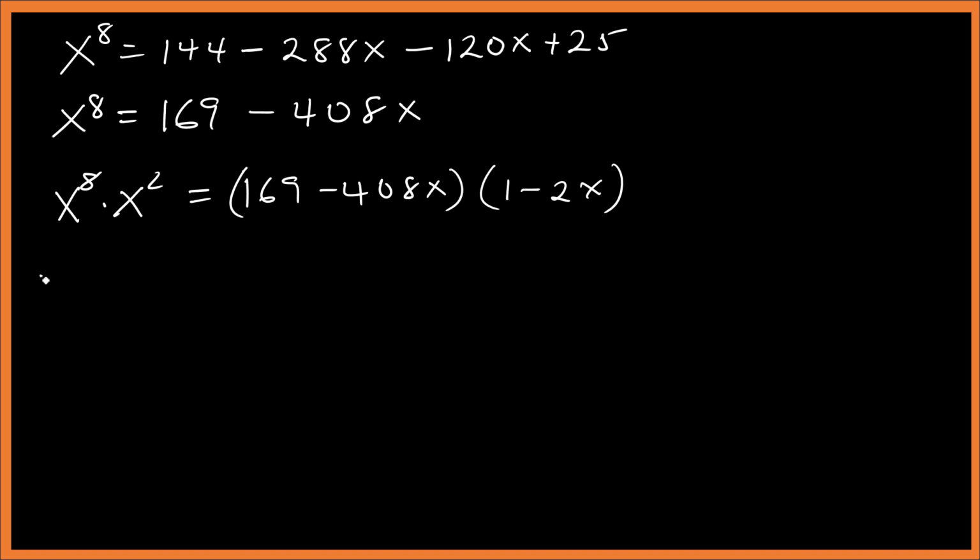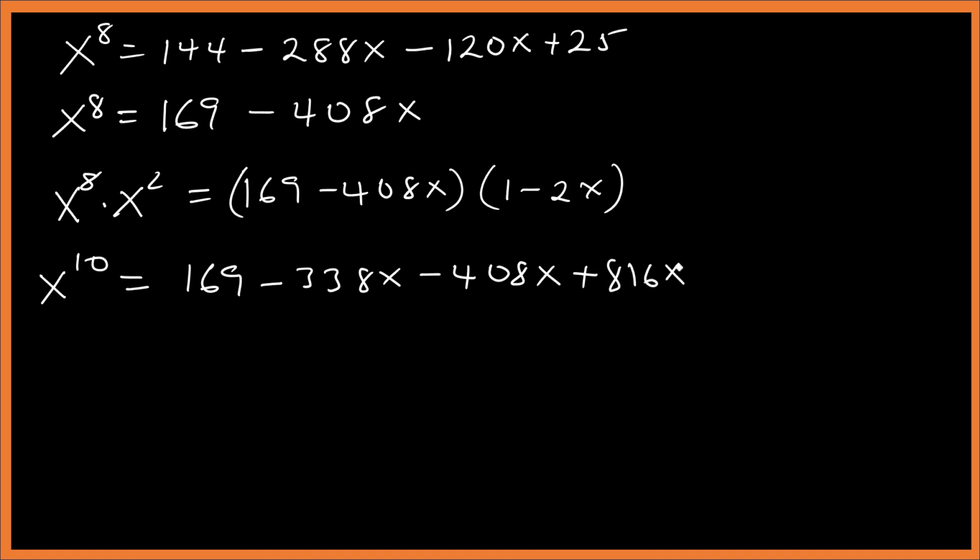So x to the power 10 is 169 minus 169 times 2, which is 338x, then minus 408x times 1, and minus minus is plus, 408x times 2, so 816x squared.